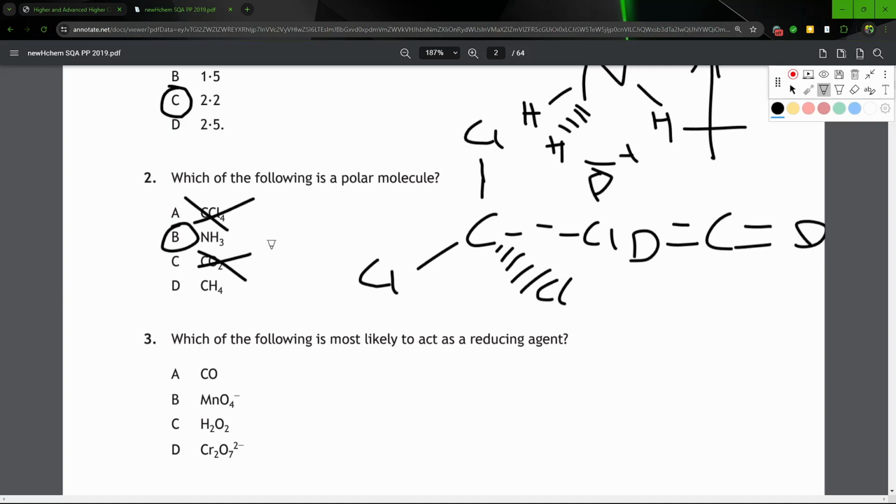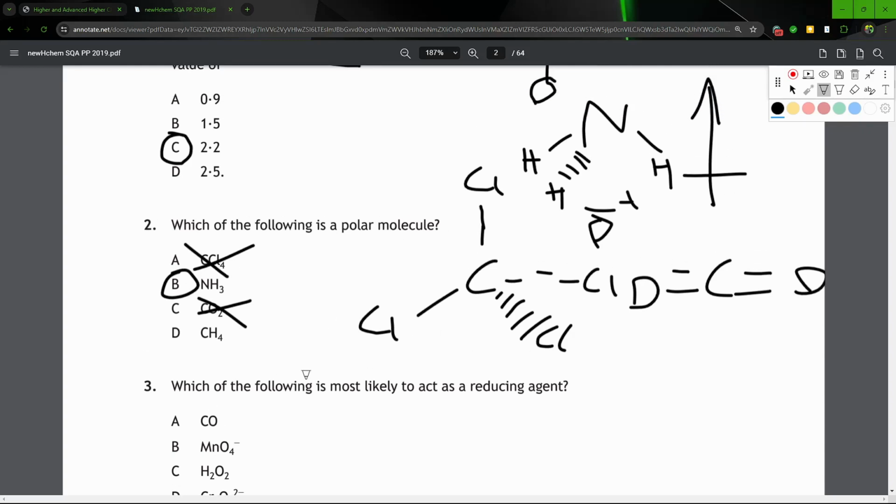And then methane is the same structure as carbon tetrachloride, whatever it's called, as letter A, which means that it's just the same as this if you replace all the chlorines with hydrogens, so it's also garbage. So yeah, we've proven beyond any reasonable doubt that 2 has to be B.